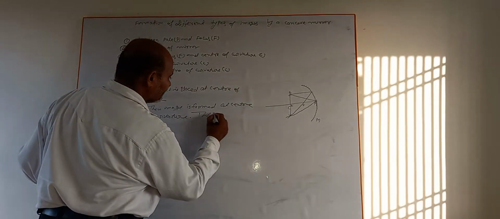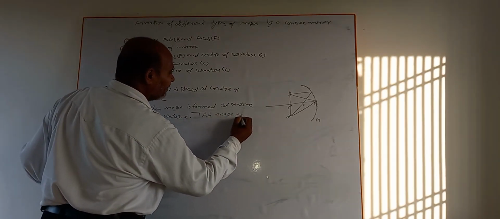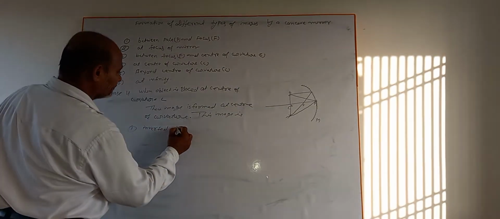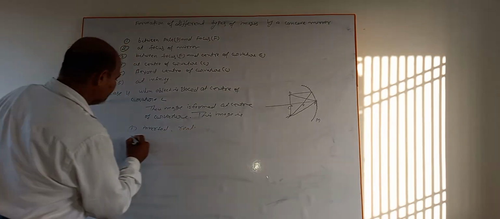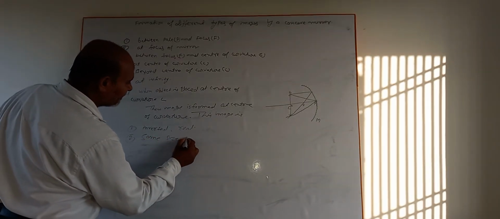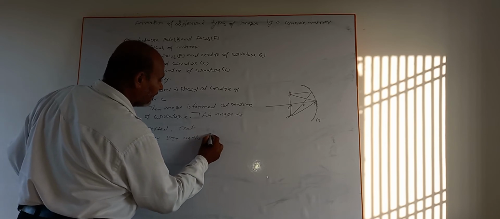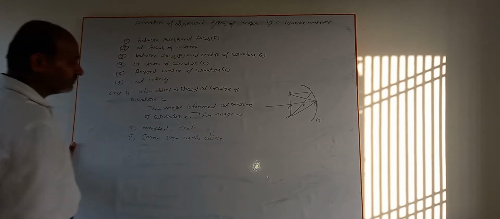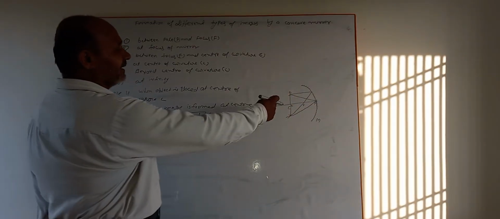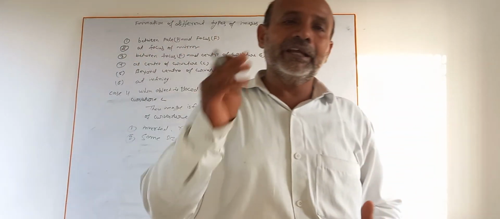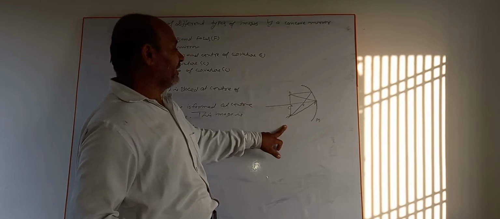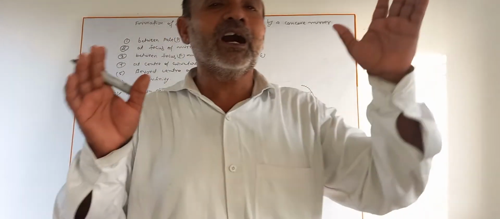This image is first inverted, real, same size as the object. So this image is inverted, real, and the same size as the object.